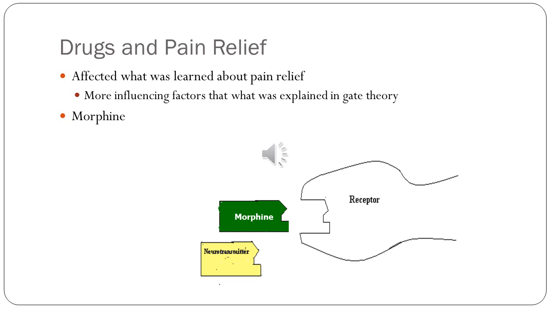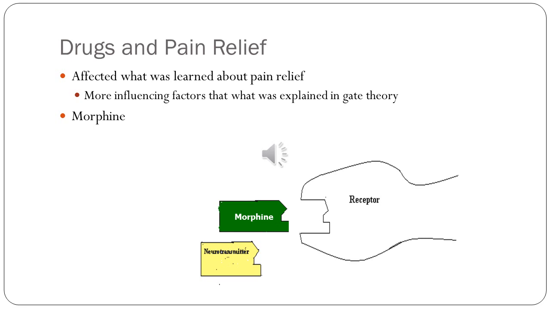So if you look at the picture here, a simple representation of a receptor, that would be, for instance, if we were looking at the full neuron, the receptor on your dendrites. The morphine, when you take it, fills those receptors. You see the little neurotransmitter at the bottom.